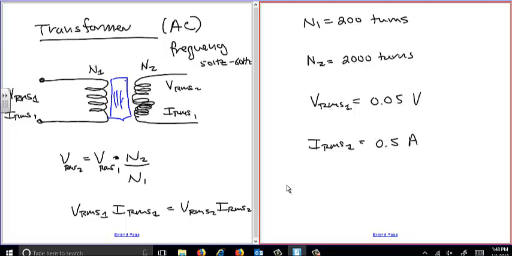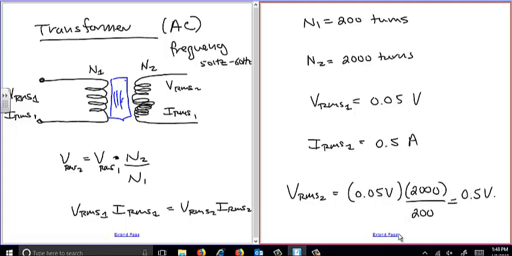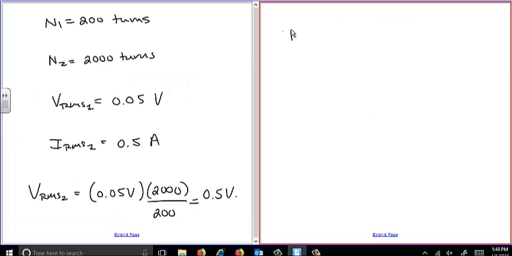So you can calculate V RMS 2 by taking V RMS 1, which is 0.05 volts, times N2, which is 2,000, divided by 200. And so this is a ratio of 10, so it's going to become 0.5 volts for the final voltage.